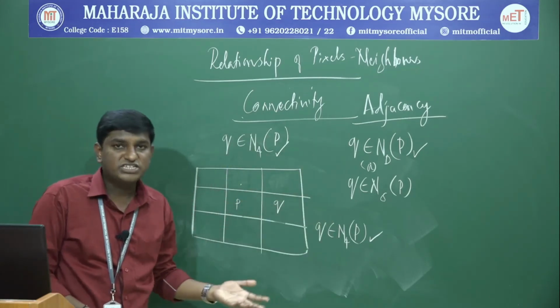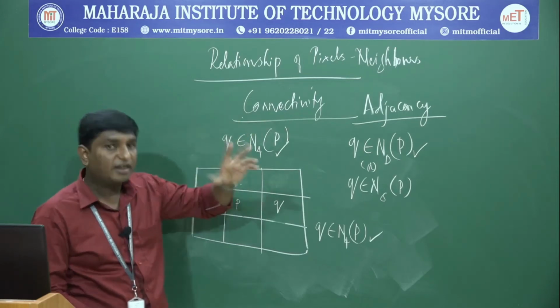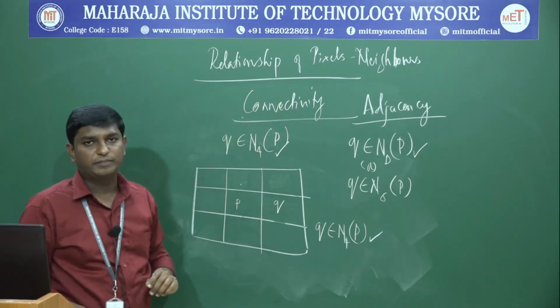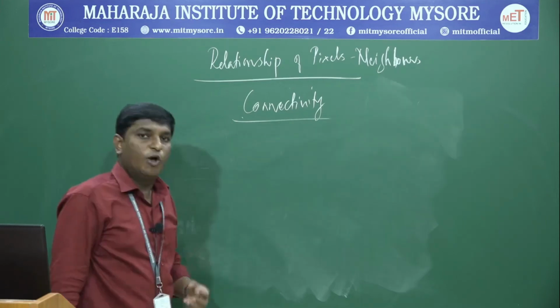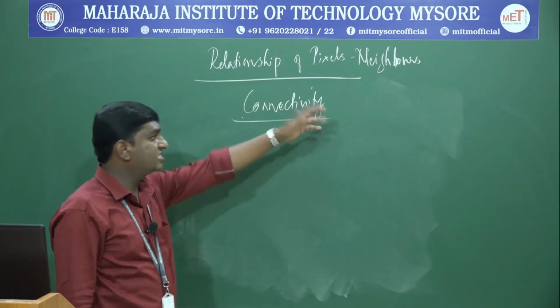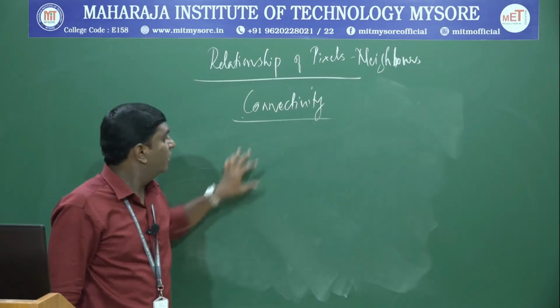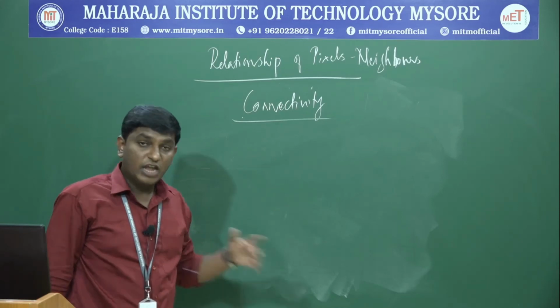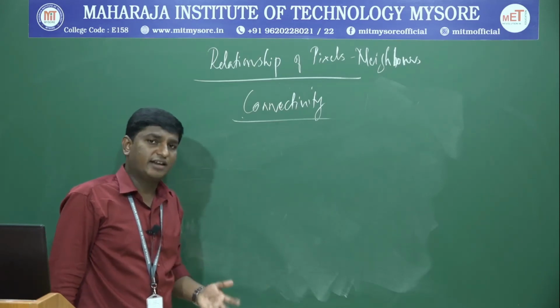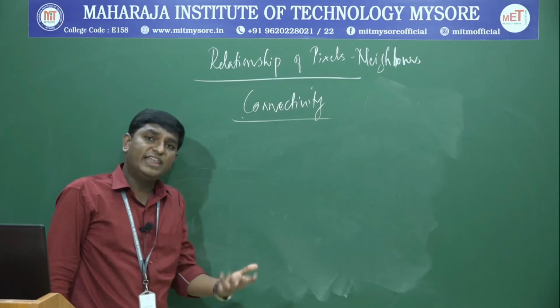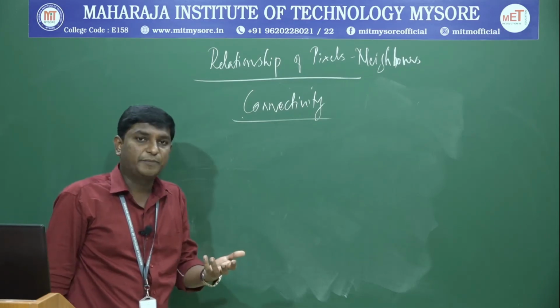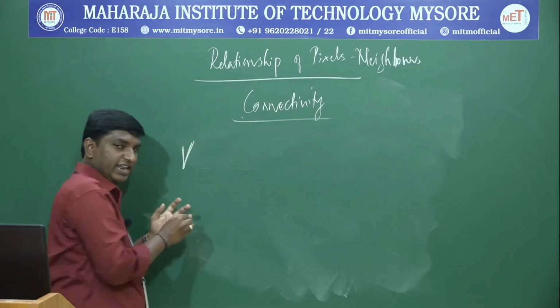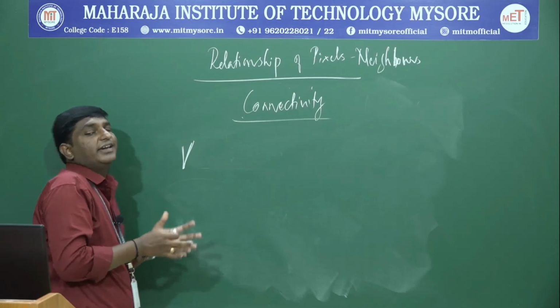What are the further conditions that are applied on connectivity? One is with respect to adjacency. We have seen how two pixels are connected. Now we will see how two pixels are connected with respect to the gray levels, with respect to the intensity. Let V be the set of gray levels used to define the connectivity.